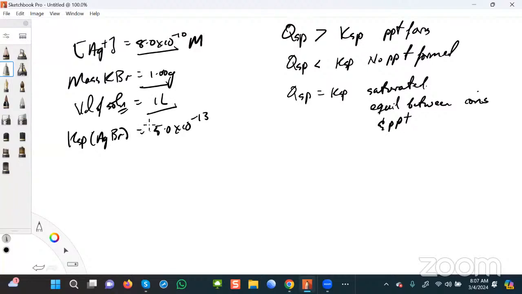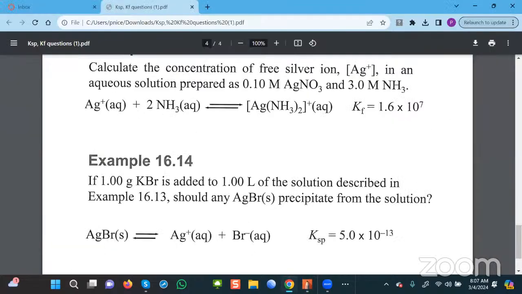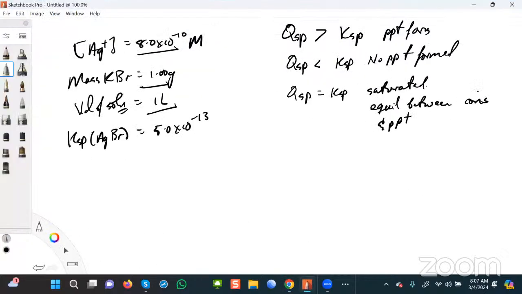The volume of the solution is 1.00 liters, I'm sorry, let me correct that. And the KSP value is 5.0 times 10 to the minus 13. So how would you go about determining whether this much KBr in that much solution will form a precipitate?